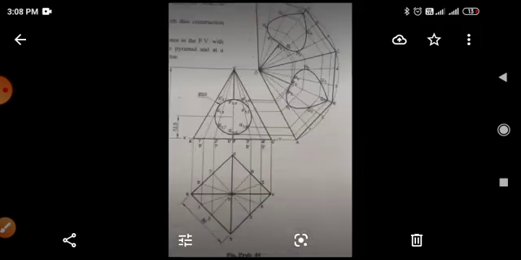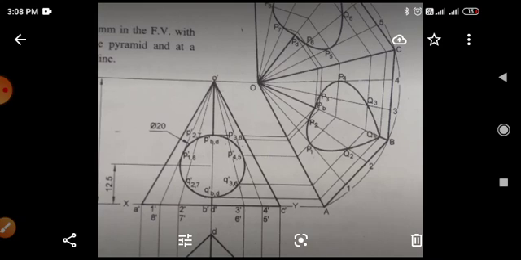Then next they say a circular hole of diameter 20 millimeter is drilled through the pyramid so that the axis of the hole is perpendicular to the vertical plane, parallel to HP, and intersecting the axis of the pyramid at 12.5 millimeter above the base.